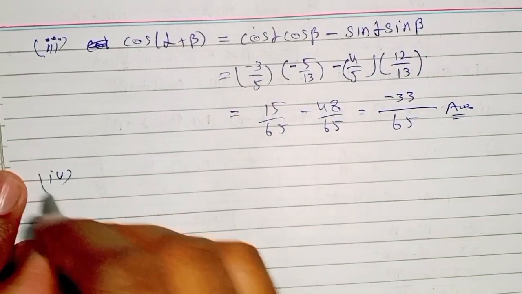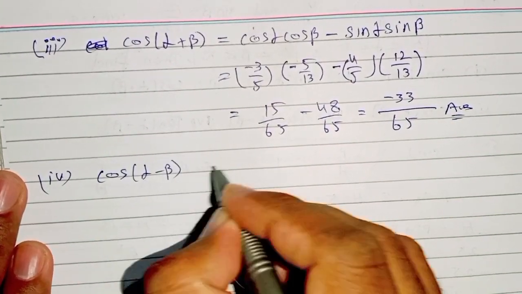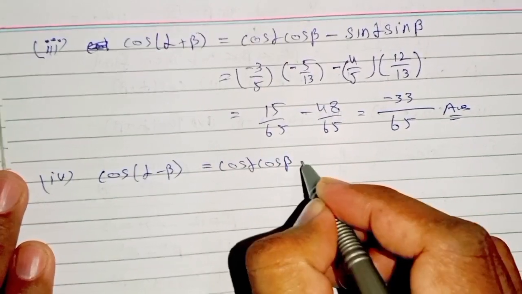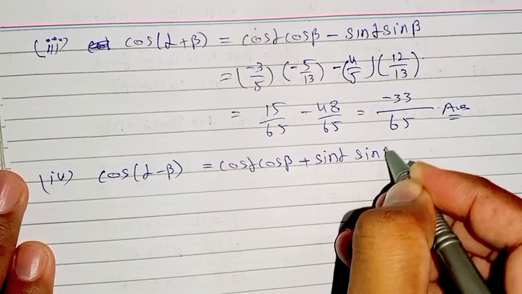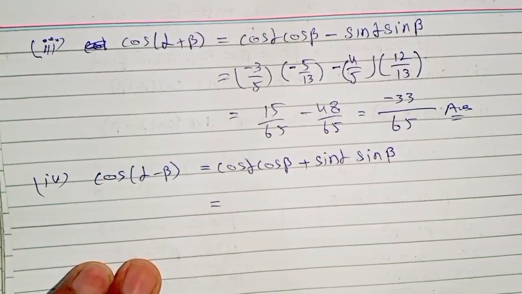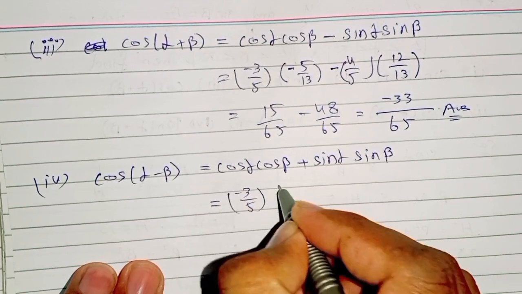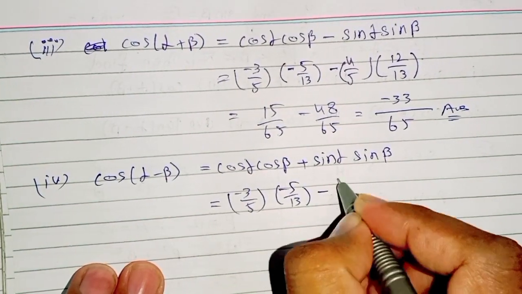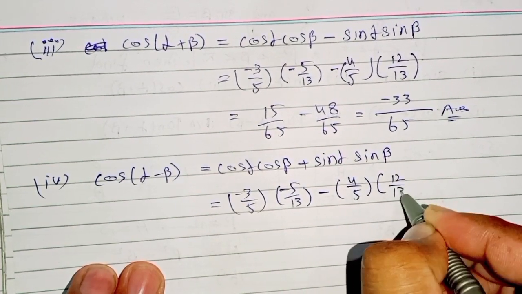Part number 4, cos of alpha minus beta is equal to cos alpha cos beta plus sine alpha sine beta. Cos alpha is equal to minus 3 over 5 and cos beta is minus 5 over 13, plus sine alpha 4 over 5 and sine beta 12 over 13.